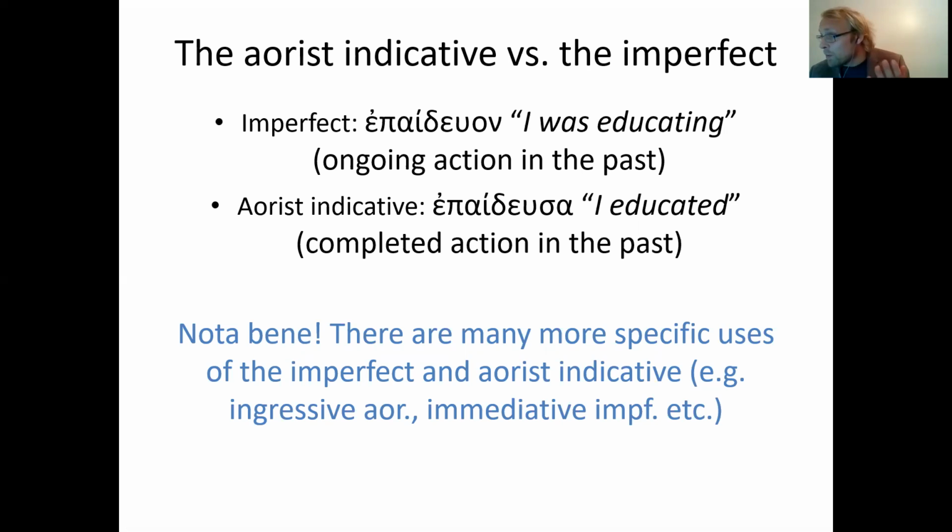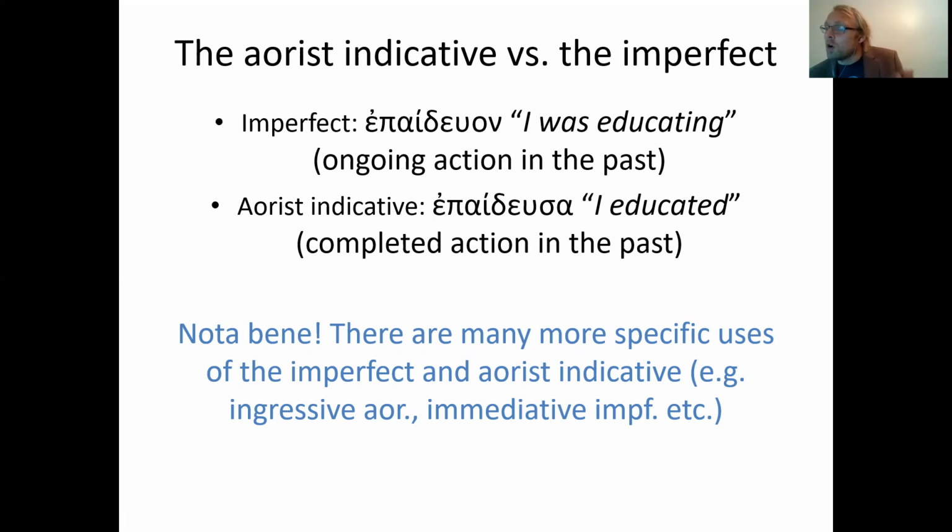So of the Greek verb forms, it is actually the aorist indicative which is often best translated with the basic past tense in modern English, the so-called simple past. Hence, the active aorist indicative epaideusa can often be quite accurately translated as I educated.